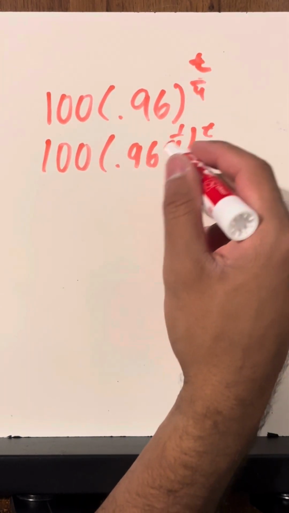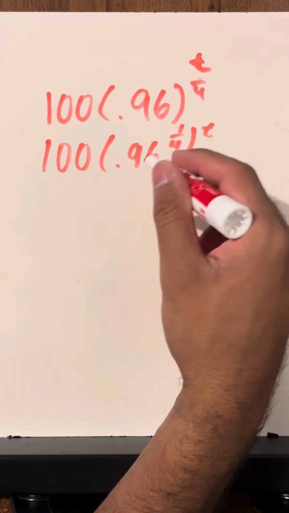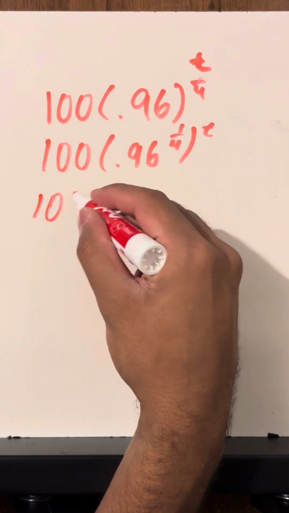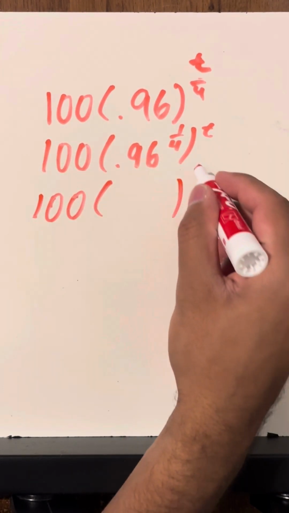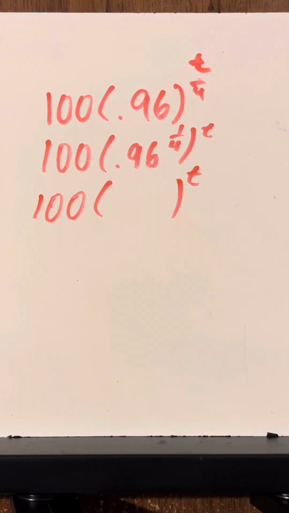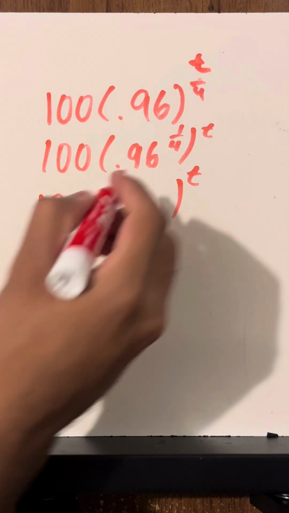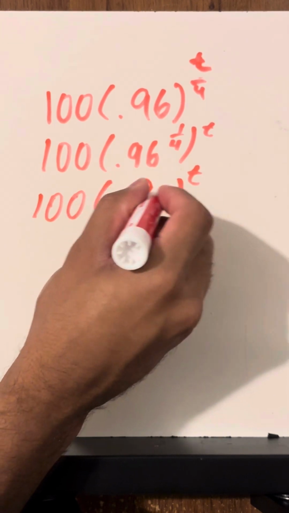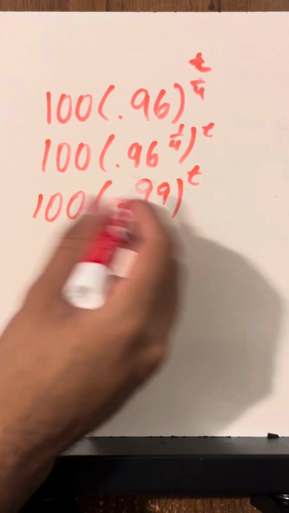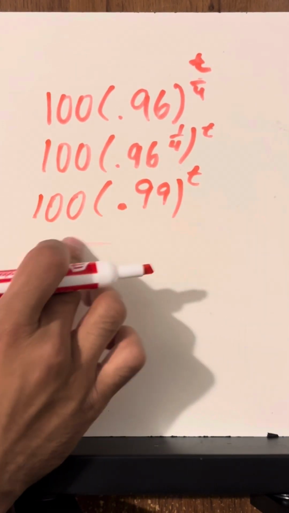We need to put this in a calculator and see what 0.96 to the 1/4 is. It is approximately 0.99. So this is how we would rewrite our function.